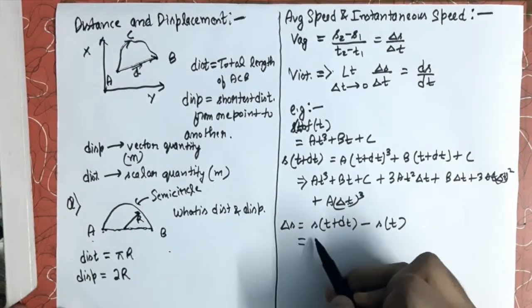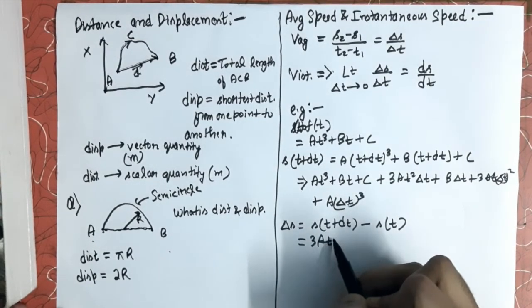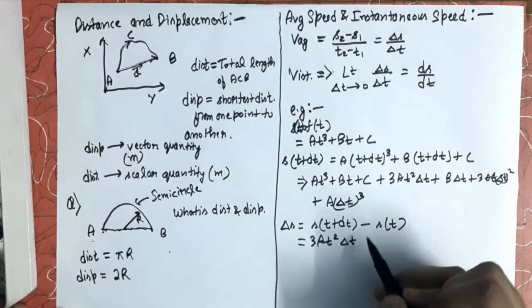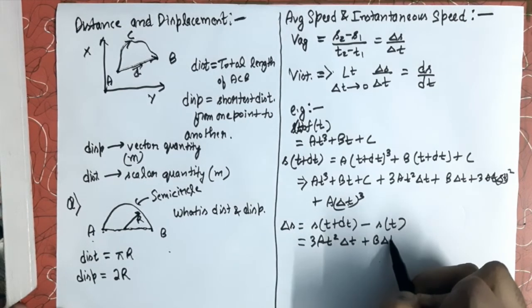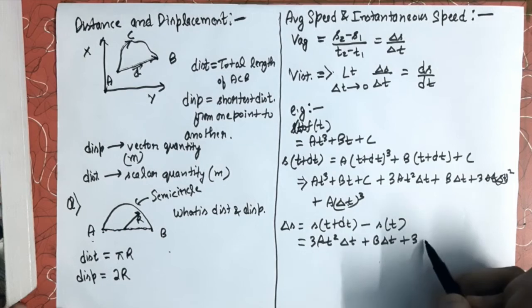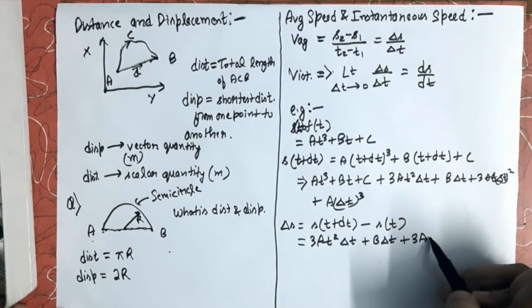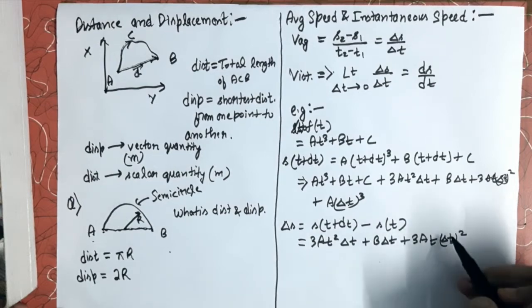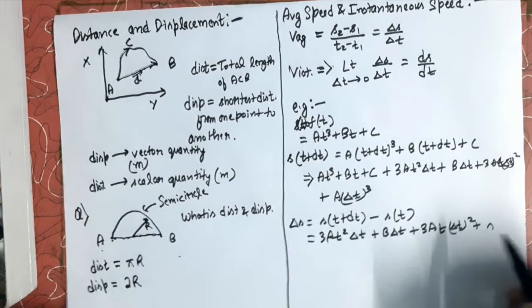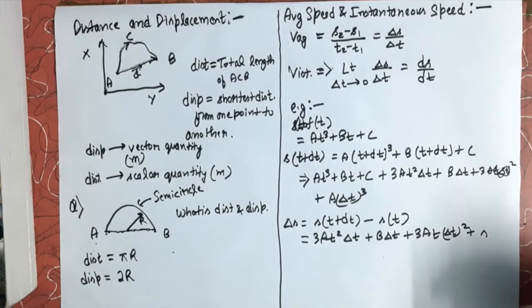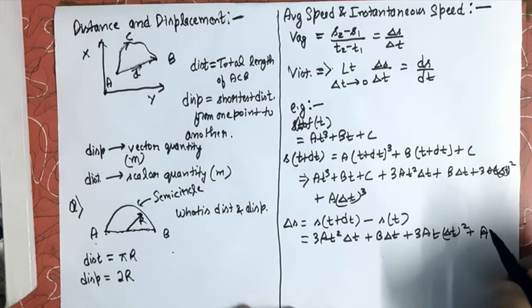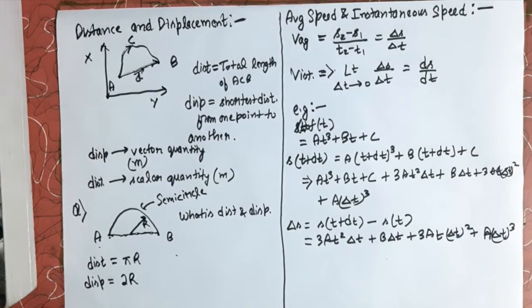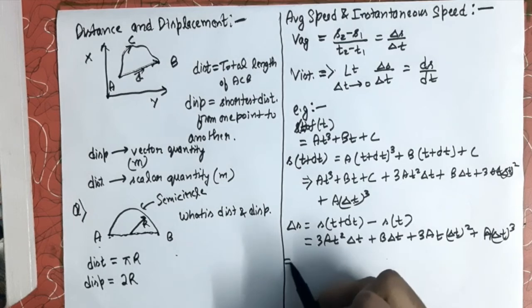So this is nothing but 3a t square delta t plus b delta t plus 3a t delta t square plus a delta t cube.